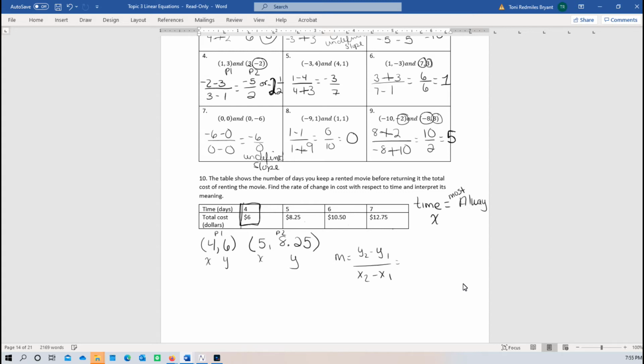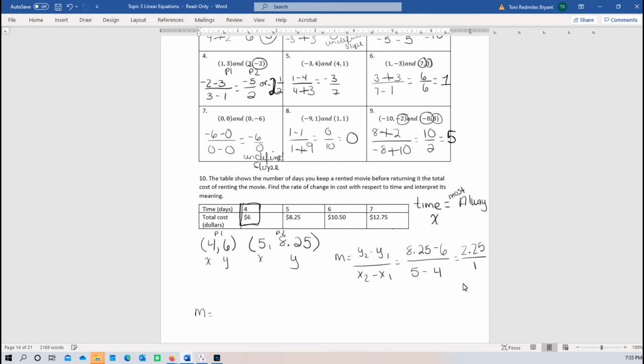My y value of my second point minus my y value of my first point, over my x value of my second point minus my x value of my first point, and I want you to see some things that make sense too, just in case I didn't have time in class.